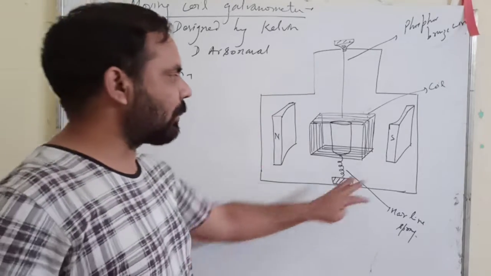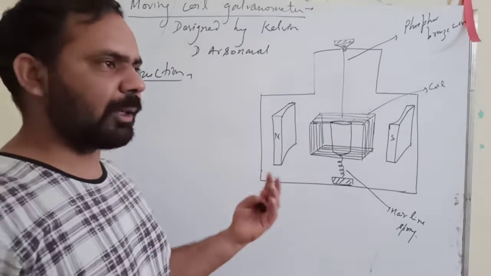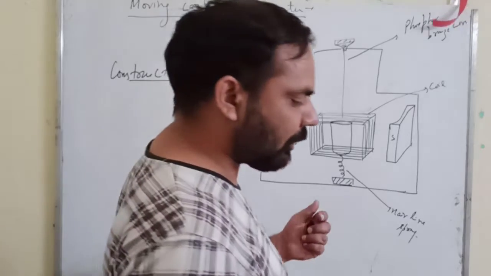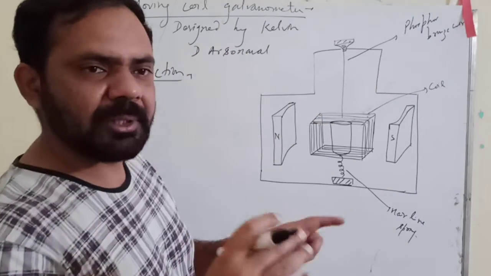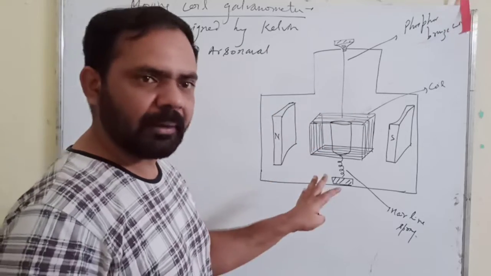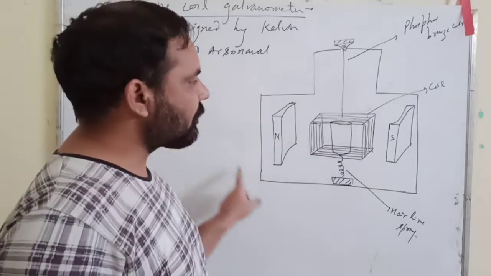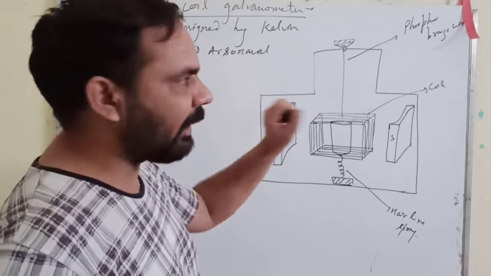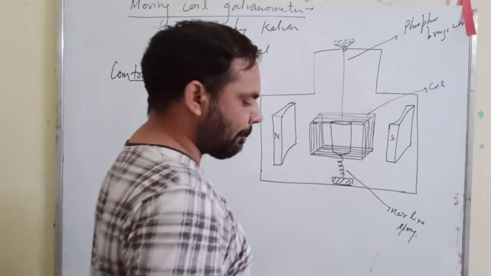This whole arrangement is enclosed inside a chamber so that it does not get affected by the presence of air. There should not be any viscous drag. Just to protect it from the surrounding air, we enclose it inside a non-magnetic chamber.